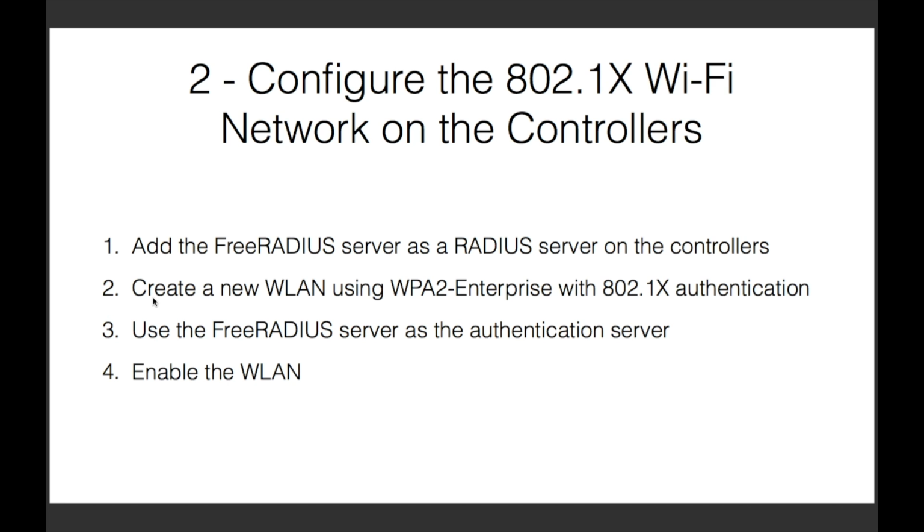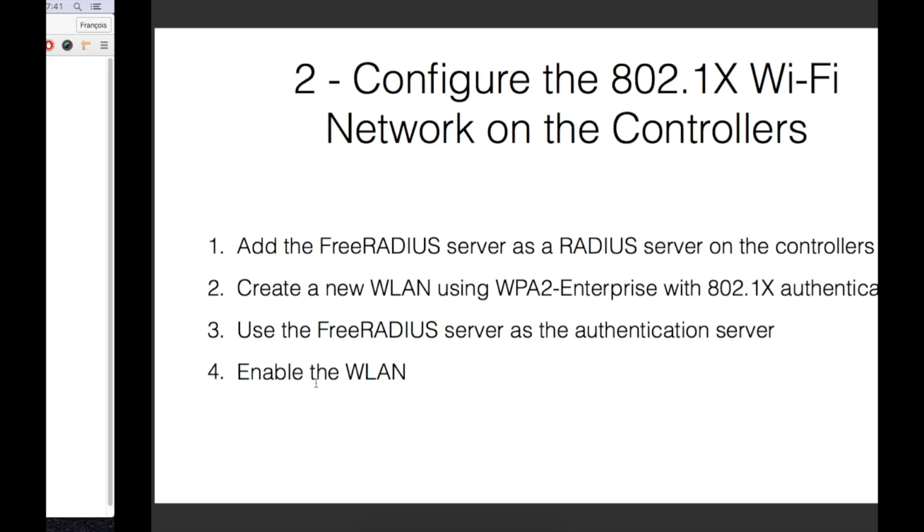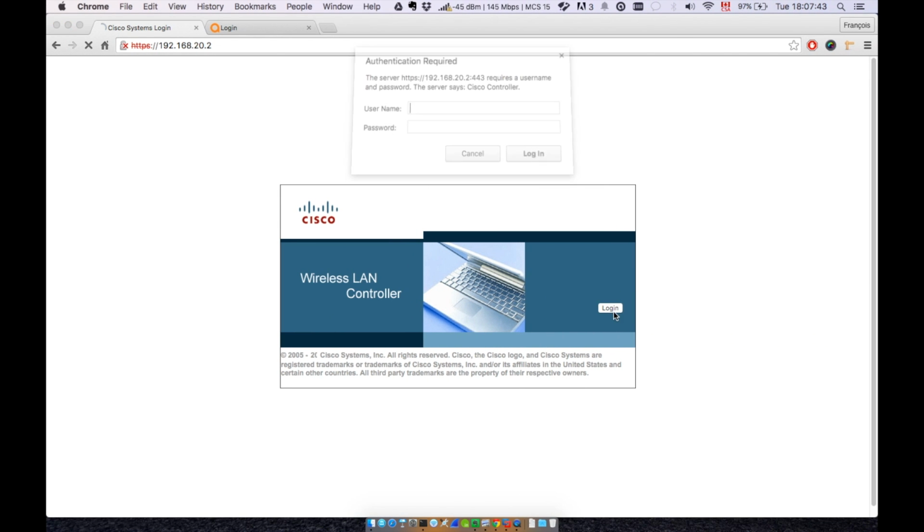After that, we're going to configure a new WLAN using WPA2 Enterprise with 802.1X authentication. And we're going to use the FreeRADIUS server that we added previously as the authentication server. After that, we can enable the WLAN and start our testing. So let's start with the Cisco controller.